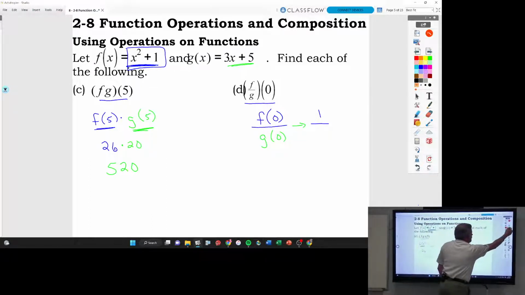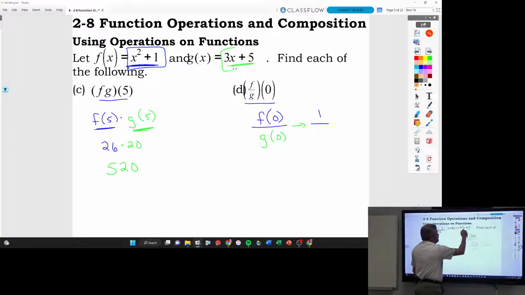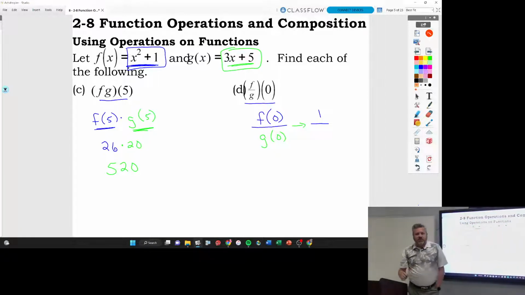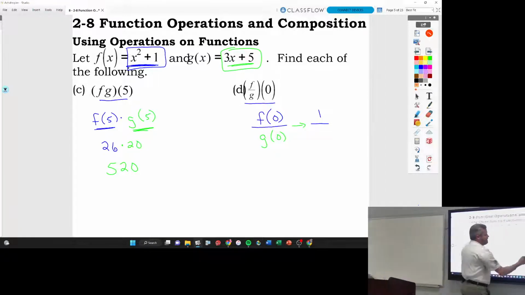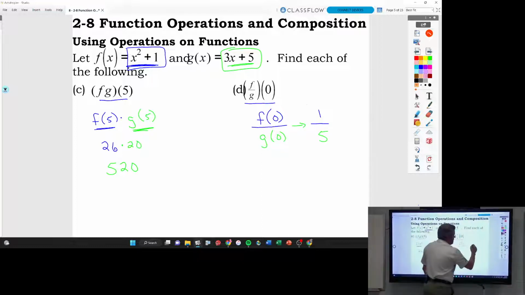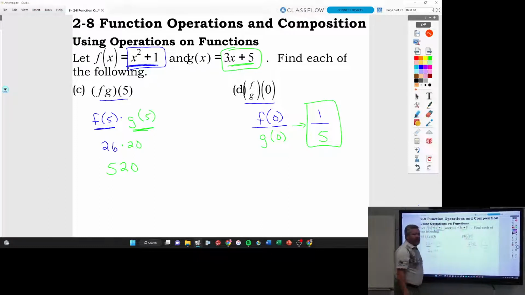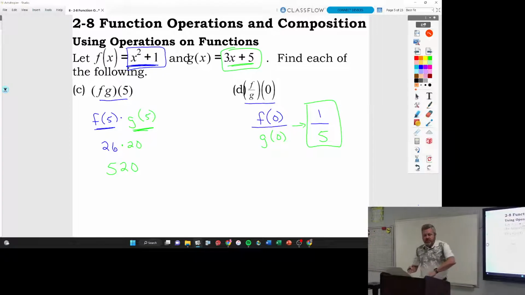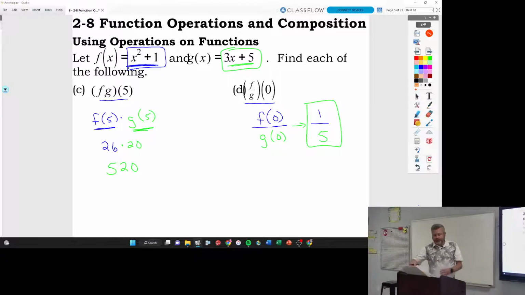Now we'll evaluate the g function at 0. Plug a 0 into this. 3 times 0 is 0. 0 plus 5 is 5. And it looks like our answer there is 1 divided by 5, 1/5. And that does not reduce, so we leave it like that.